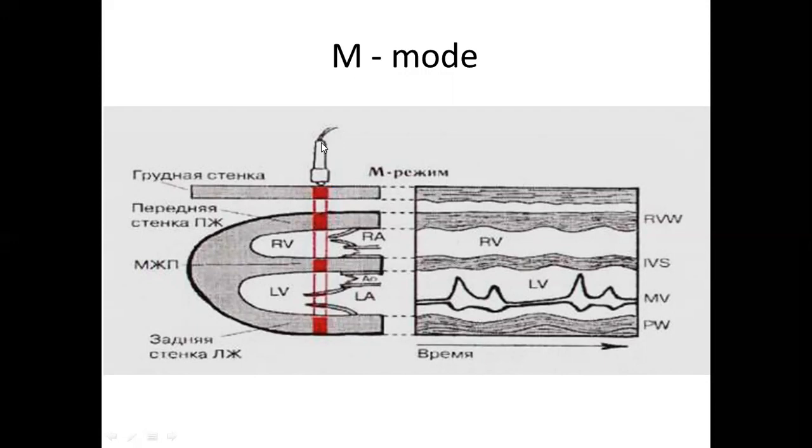And we are not going to shift the position of ultrasonic probe in M mode. The probe is going to be placed very static onto the thoracic wall, but we will try to understand how this actual part of the heart is moving over some time.